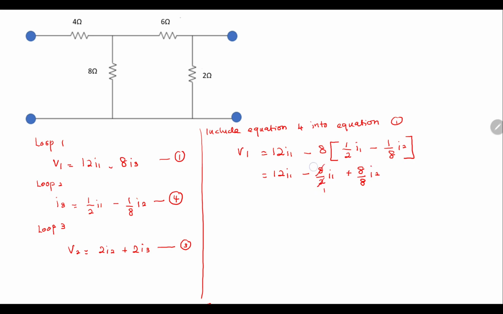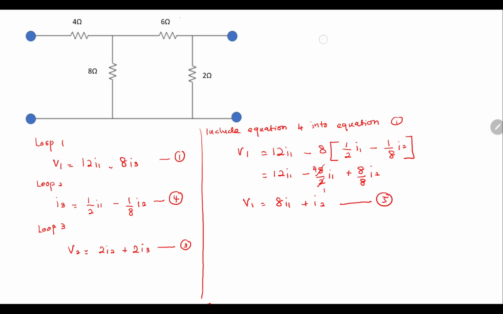You simplify this, where you get 12 minus 4, which is 8I1, plus I2. So you got V1 equals 8I1 plus I2. We call this one equation 5.